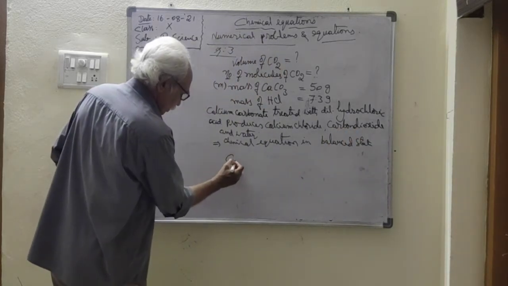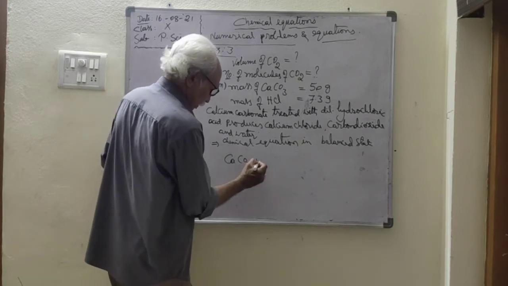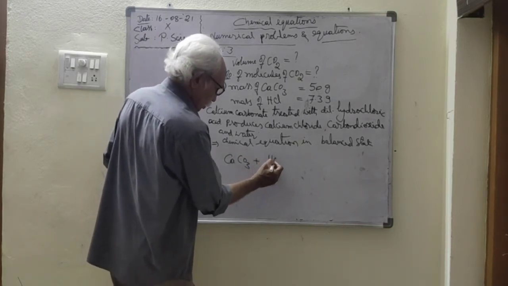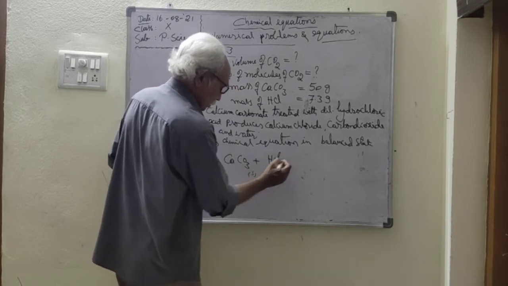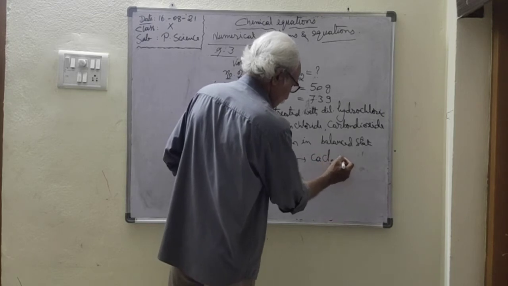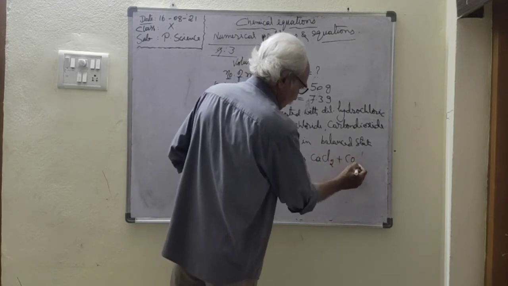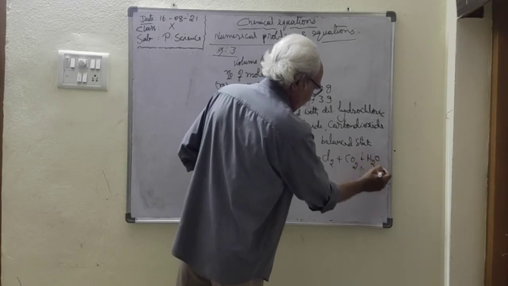So, calcium carbonate plus hydrochloric acid gives calcium chloride, carbon dioxide and water.